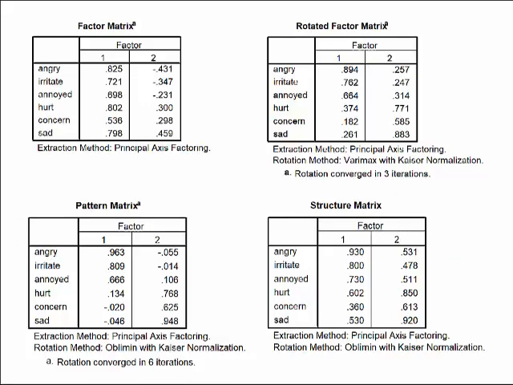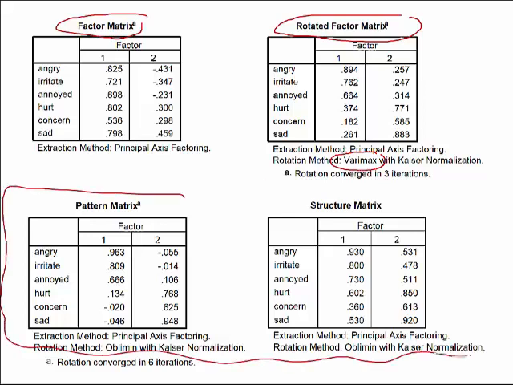And then finally, here are the factor loadings from doing that factor analysis. Again, I would not report all these different approaches in a single paper if I was publishing this, but for illustration purposes, we have the unrotated solution, the rotated solution using Varimax, the orthogonal rotation, and the pattern matrix and the structure matrix from an oblique rotation.